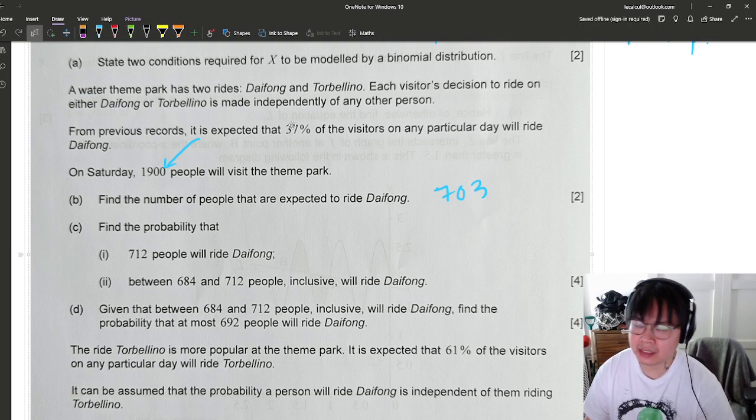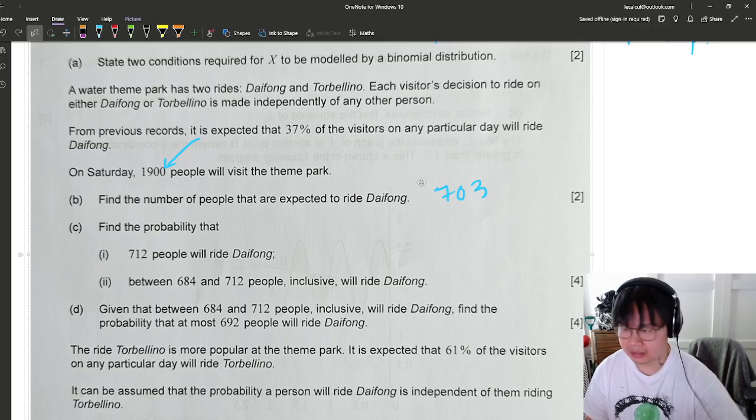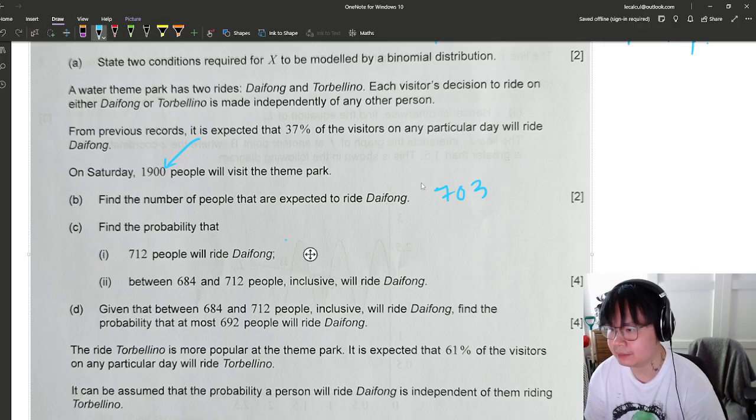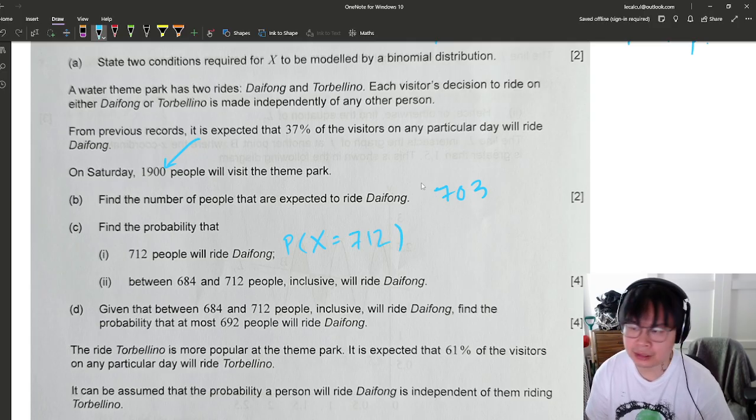The probability that any single person goes on this ride is 37%, and obviously each visitor's decision is made independent of any other person. So we are finding the probability that 712 people will take this ride.